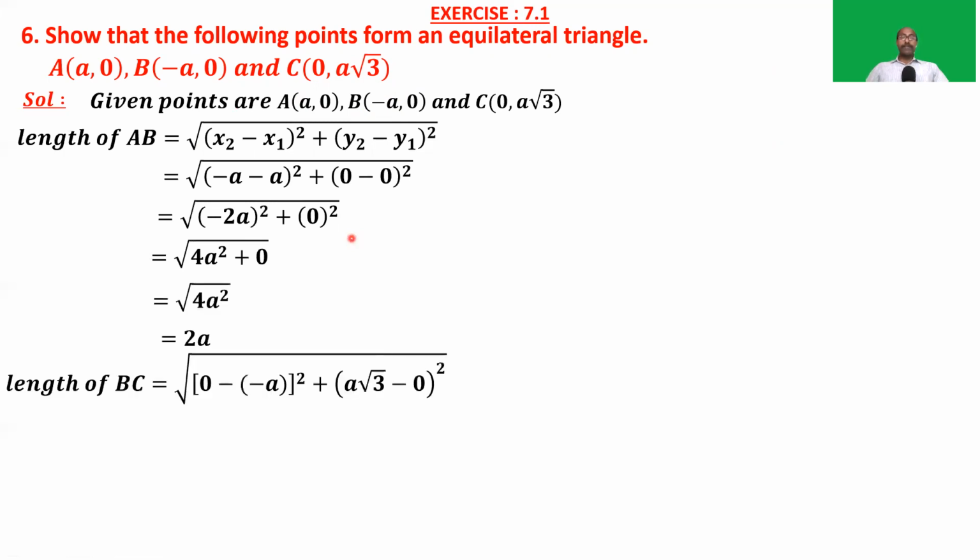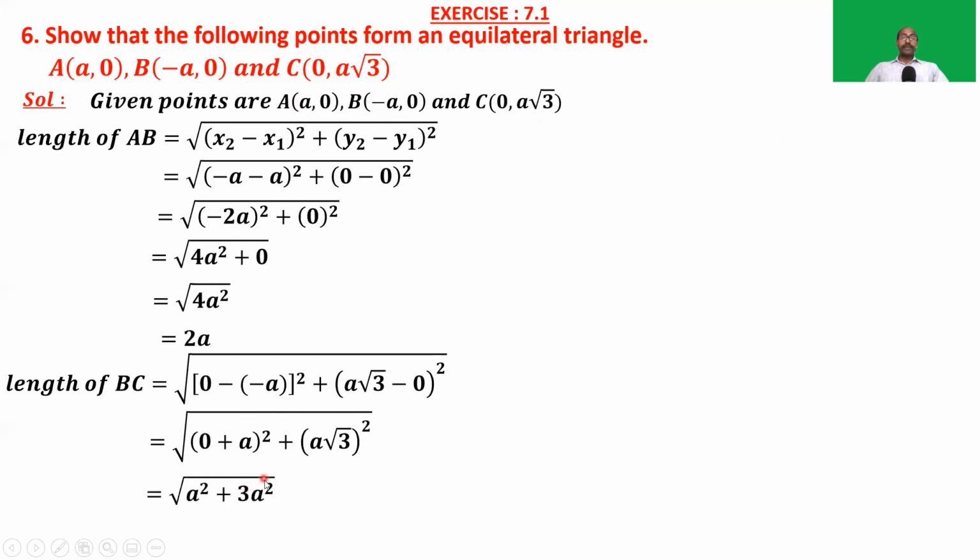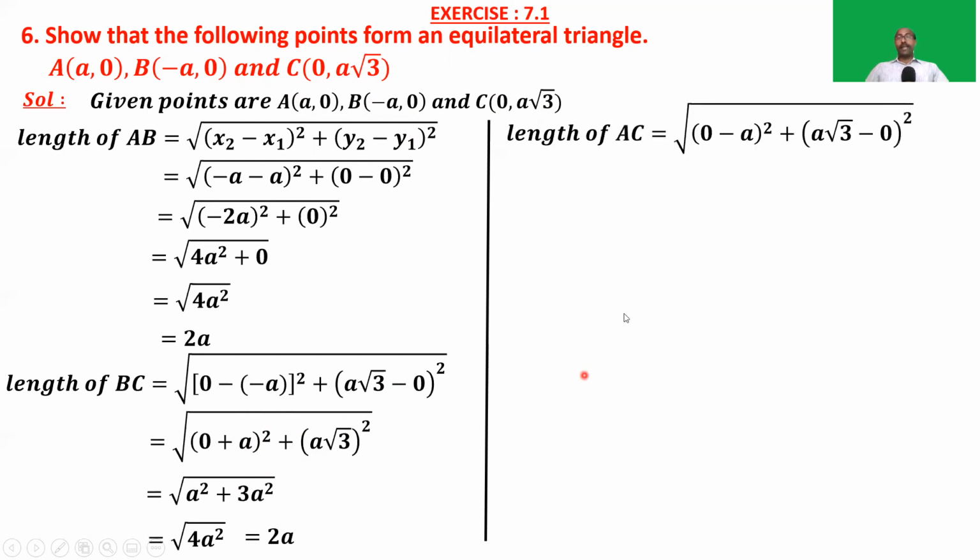And length of BC. Length of BC is (0 - (-a)) whole squared plus (a√3 - 0) whole squared. From that we get BC is also equal to 2a. Now length of AC. Length of AC is (0 - a) whole squared plus (a√3 - 0) whole squared.